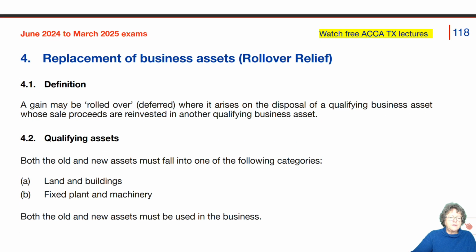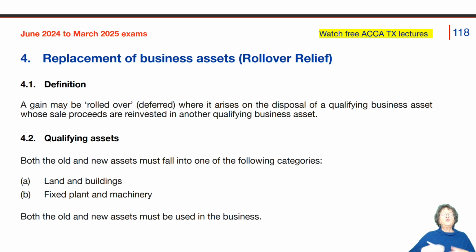Rollover relief. This is the examiner's favourite relief, so we need to know this very, very carefully. Again, there are conditions that need to be fulfilled, and then from there you will have benefits as a result. And as I said, this is the only one that is available for limited companies.